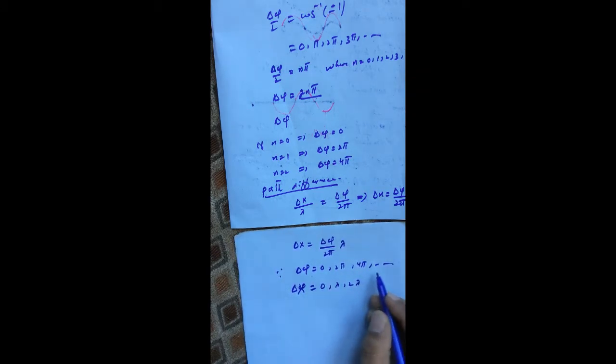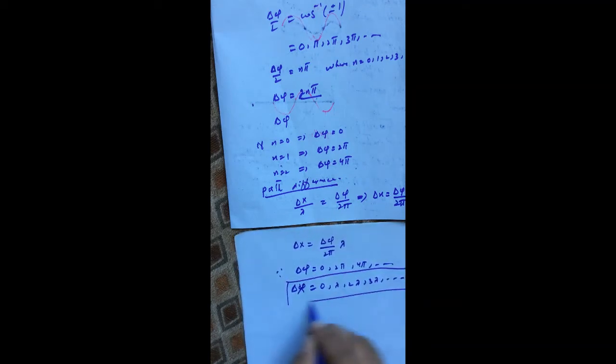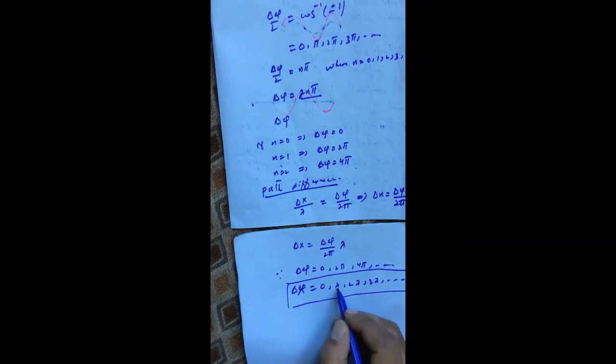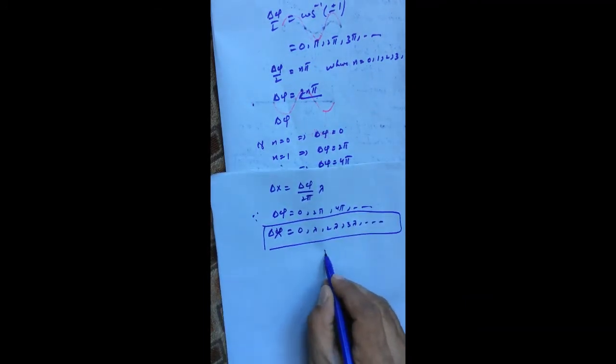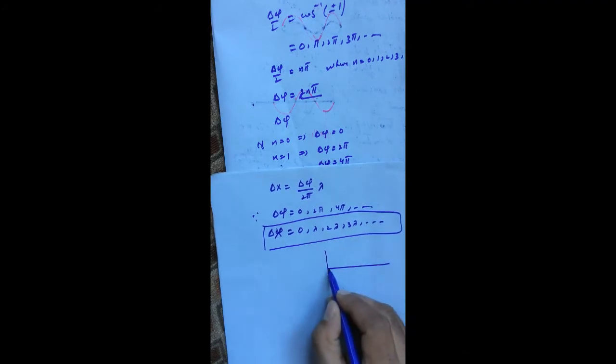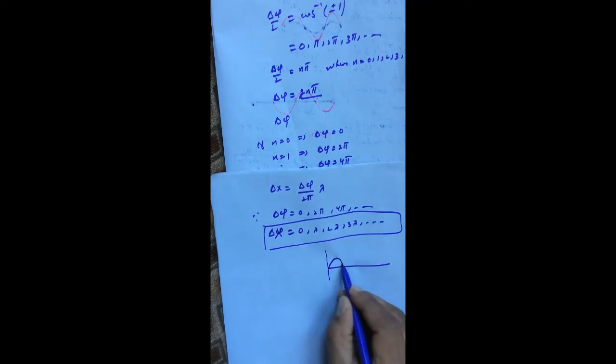If I put 6π here, then we have 3λ and so on. So if the path difference between the two waves is either 0 or λ or 2λ or 3λ, then we have a constructive interference. So what does it mean? Suppose we have one wave, which is this one.